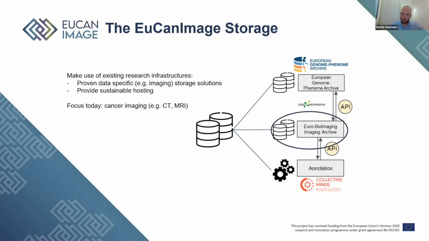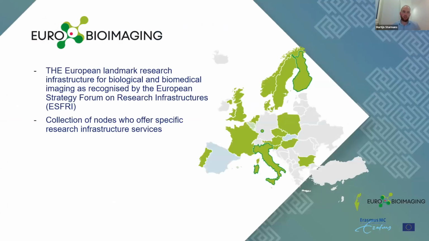Since this session is on imaging, and I'm also from the imaging side, I will focus on the Imaging Archive. So shortly, I'll introduce Imaging. It's a landmark research infrastructure in Europe, recognized by the European Union. How it works is that Imaging consists of multiple nodes, scattered all over Europe, and each of these nodes provides specific expertise on specific research infrastructure services.